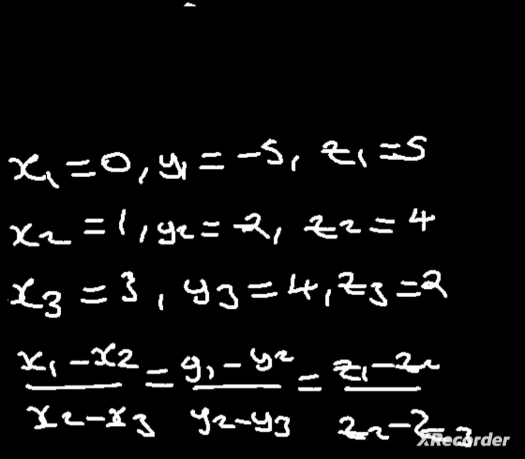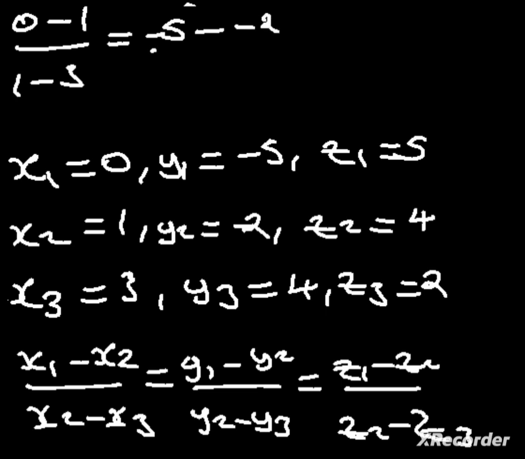So now, what is x1? We have it as 0 minus x2, which is 1, divided by 1 minus x3, which is 3, equal to y1, which is -5, minus y2, which is -2, divided by -2 minus y3, which is 4.